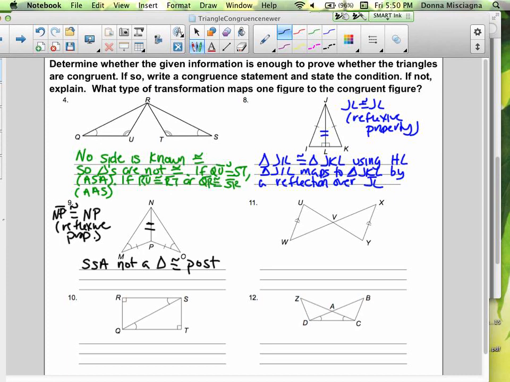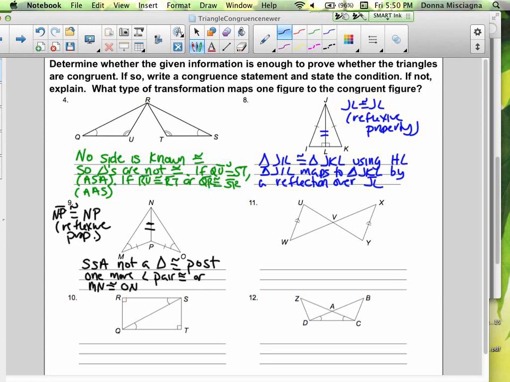We need to know either one more angle congruent, or MN congruent to ON.